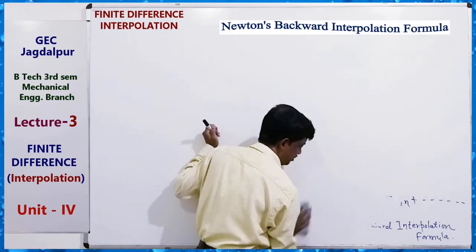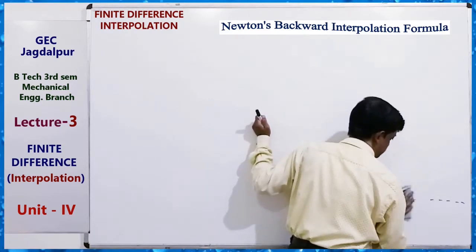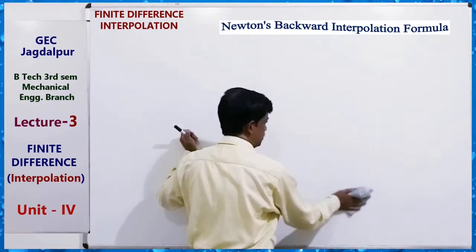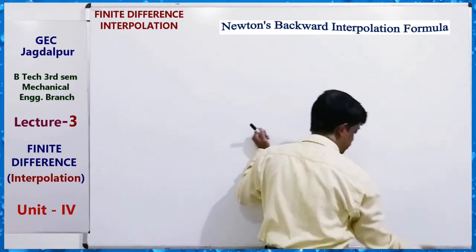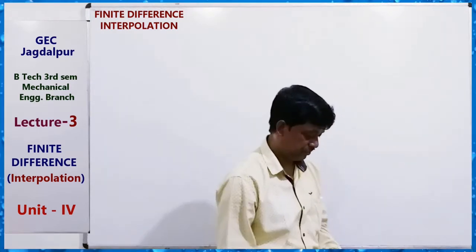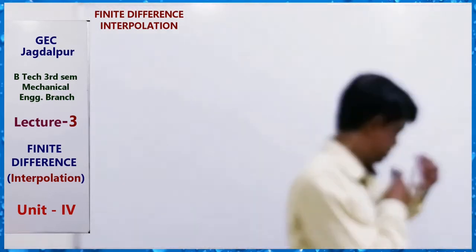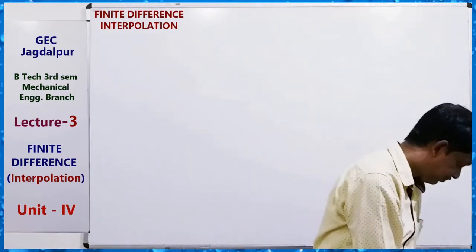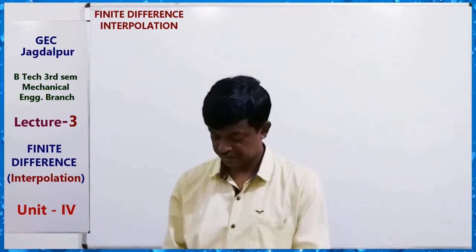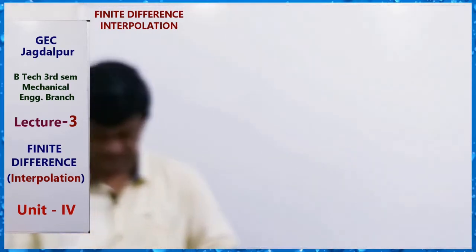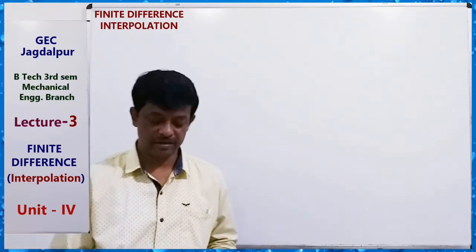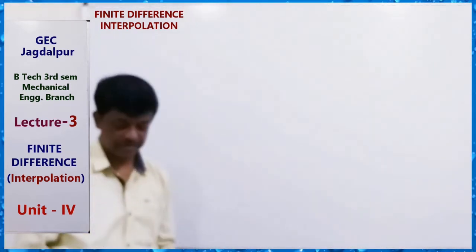How can we write the value of p? Because the formula uses the value of p. So here we use the formula, taking the questions given.